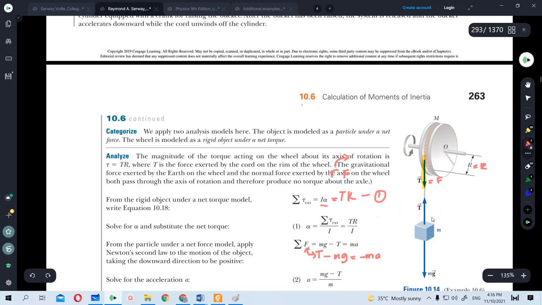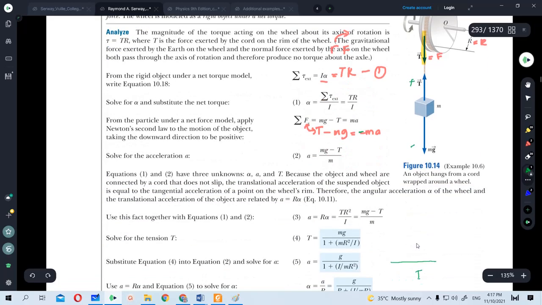The second expression is coming from the second object. Since the object is falling down, we find that the net force is in the negative direction. Force upward is positive, downward is negative, becoming T minus mg equivalent to ma. Now, having this as the second expression, my next tip is very simple.